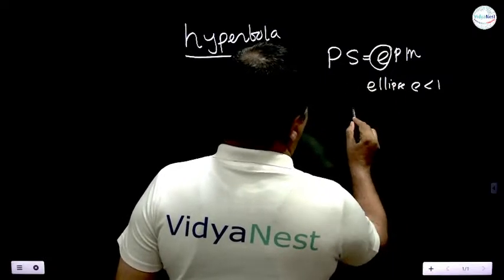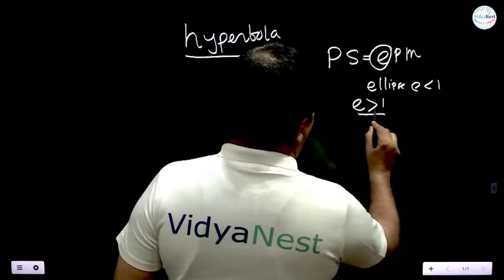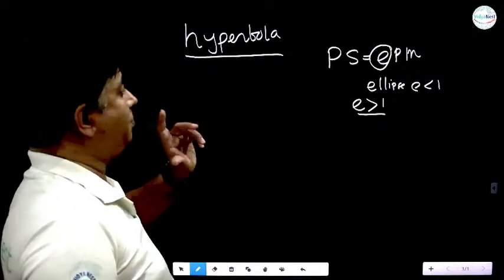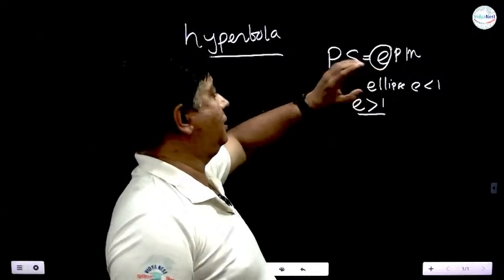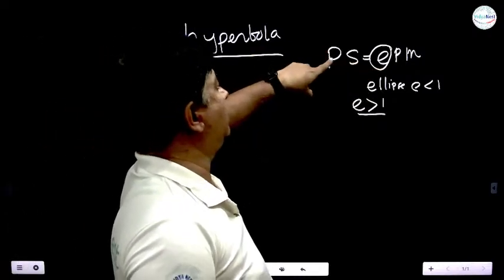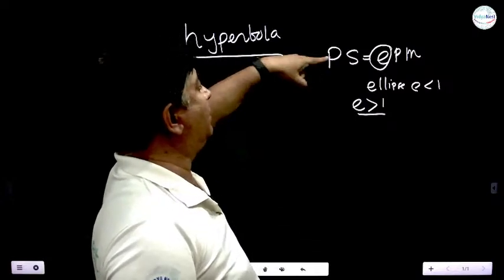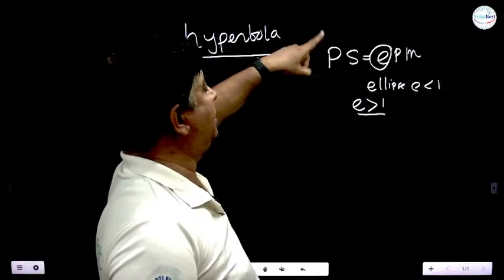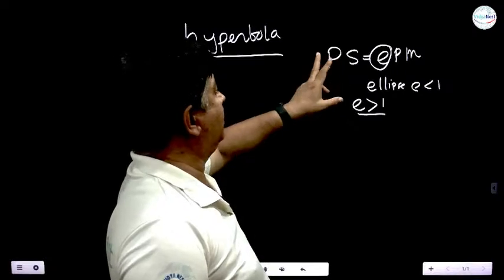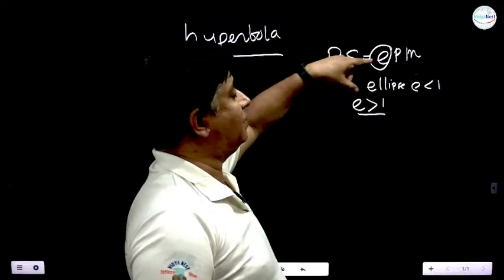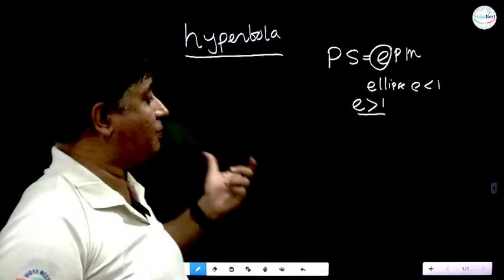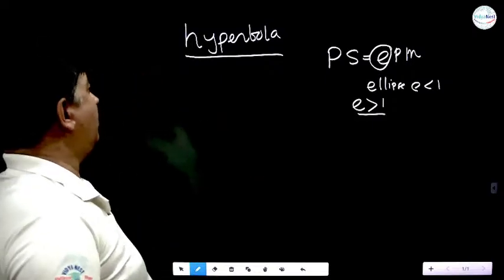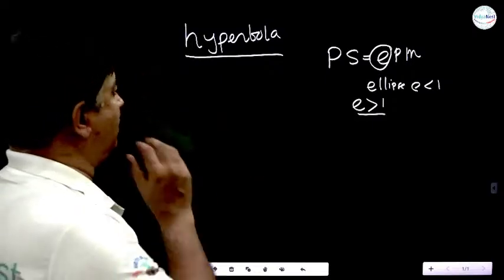In case of hyperbola, E will be greater than 1. The locus of a point will have distances PS and PM, and the ratio will be E. That concept will recur.